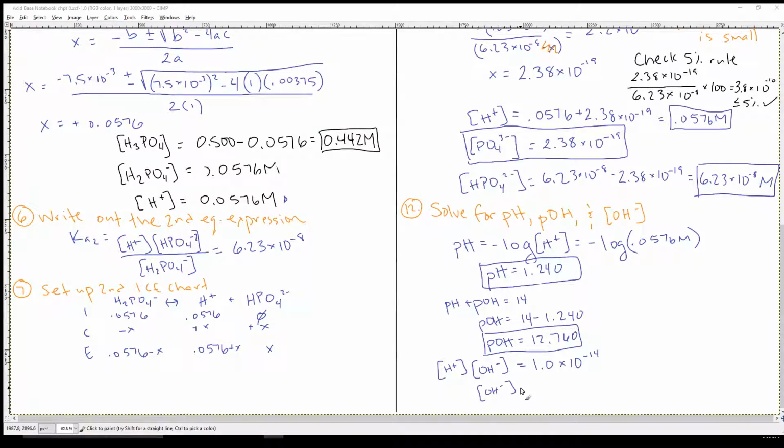My OH concentration is going to be 1.0 times 10 to the negative 14th divided by my hydrogen concentration, which was 0.0576, which should give you 1.74 times 10 to the negative 13. And it's a concentration, so stick a molarity symbol on there and be done with it.